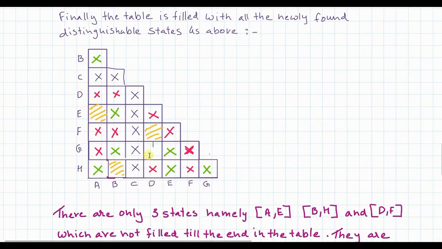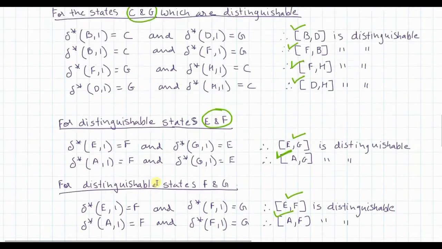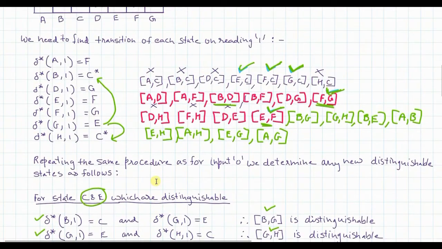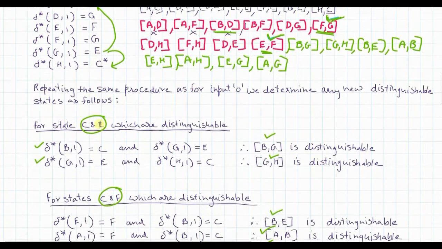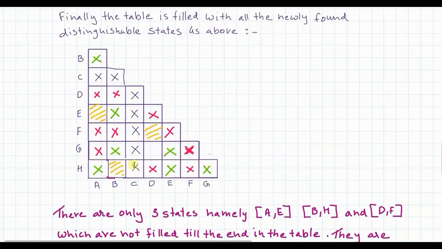I forgot to mark it here, G comma D. If you see the already found distinguishable states, you will see that D comma G we had found in the previous iteration. But we just forgot to mark it here. That is why this cell is shown as blank, but actually G comma D is also distinguishable, so this should have been already marked in the previous iteration. It was just a mistake.